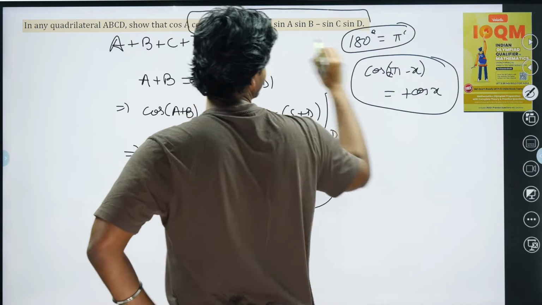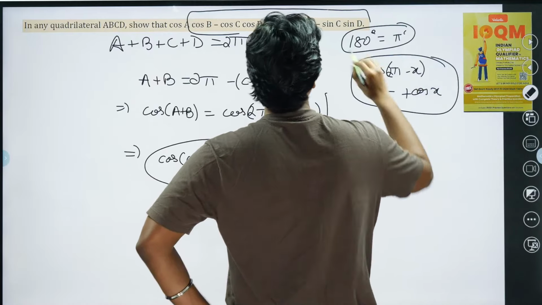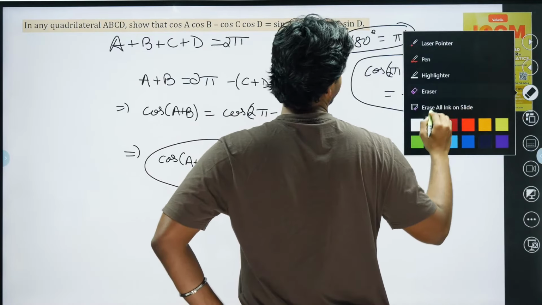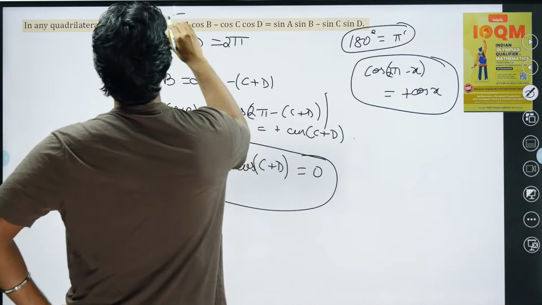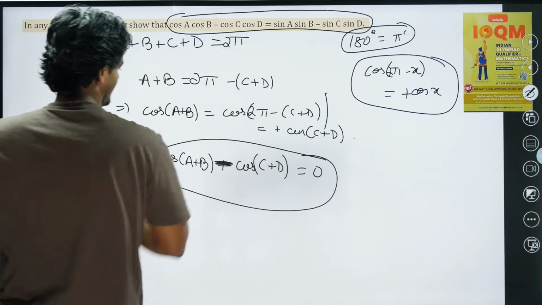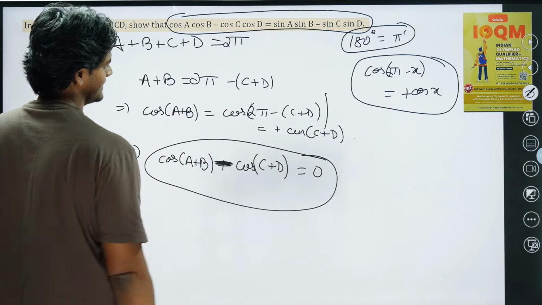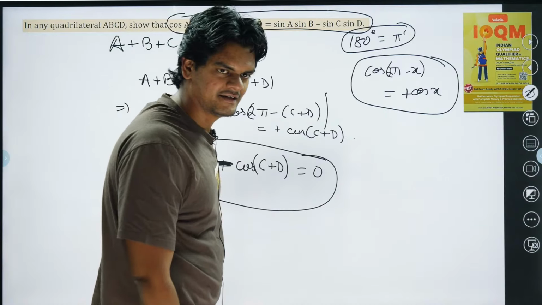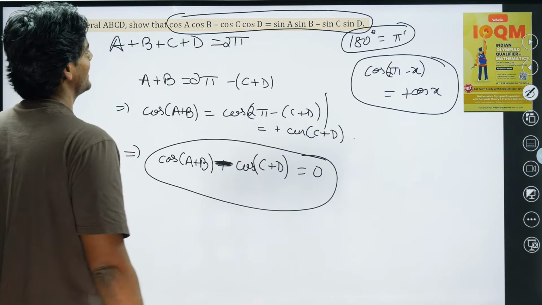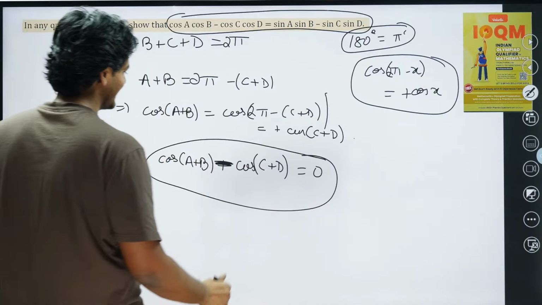We need product of difference of product. Okay. So we need a minus here, right? Right. My bad, guys. Yeah, I was in the triangle zone.